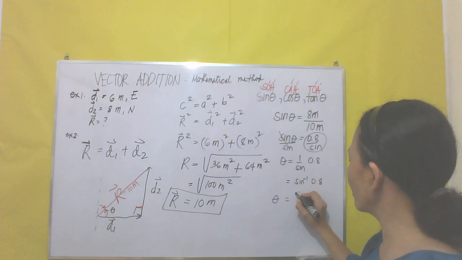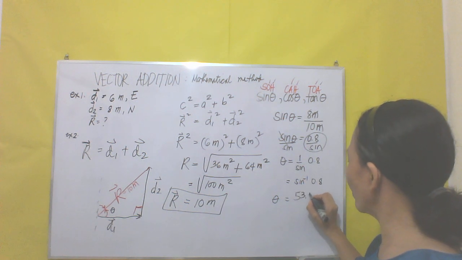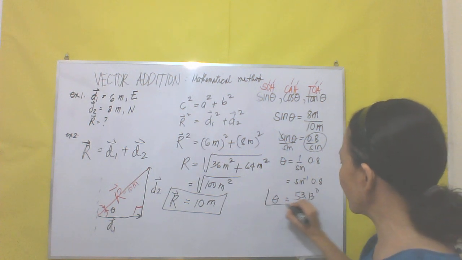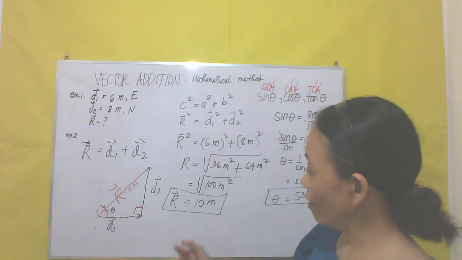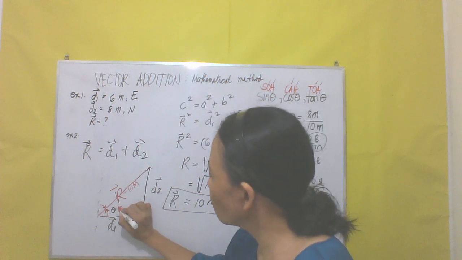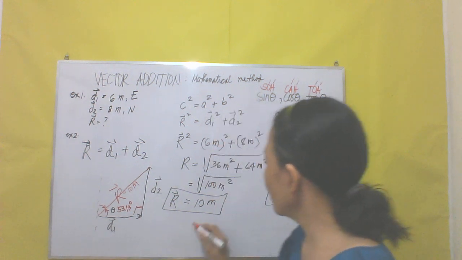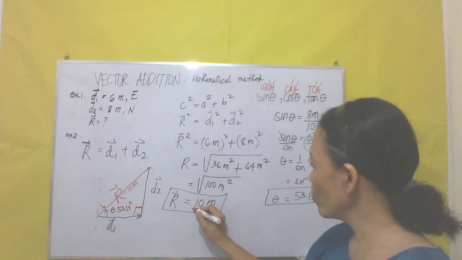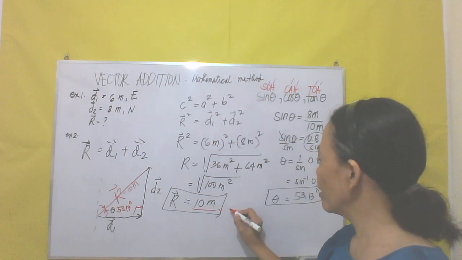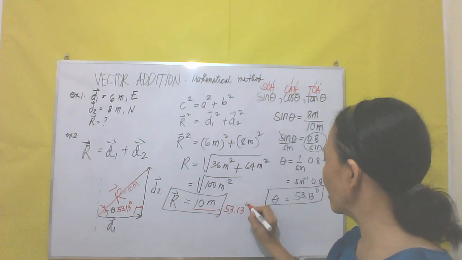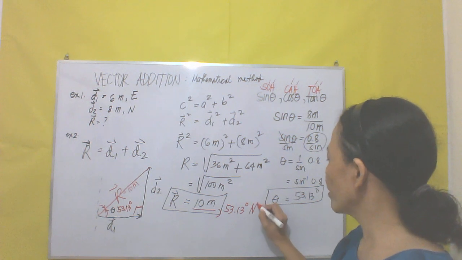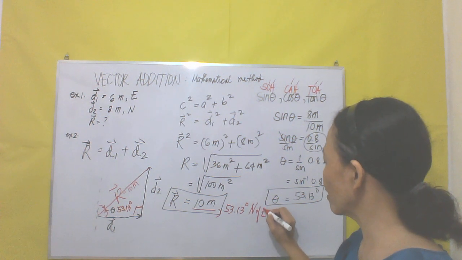So this is 53.13 degrees. Our answer: the magnitude of r is 10 meters, and the direction is 53.13 degrees north of east.